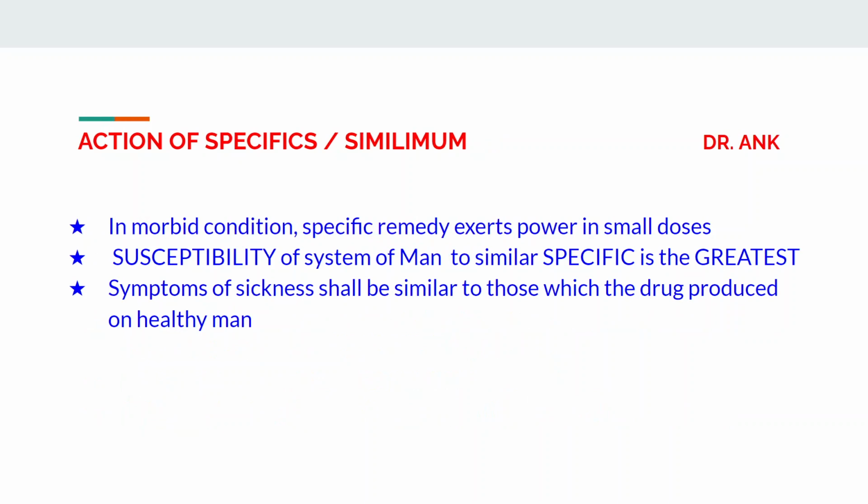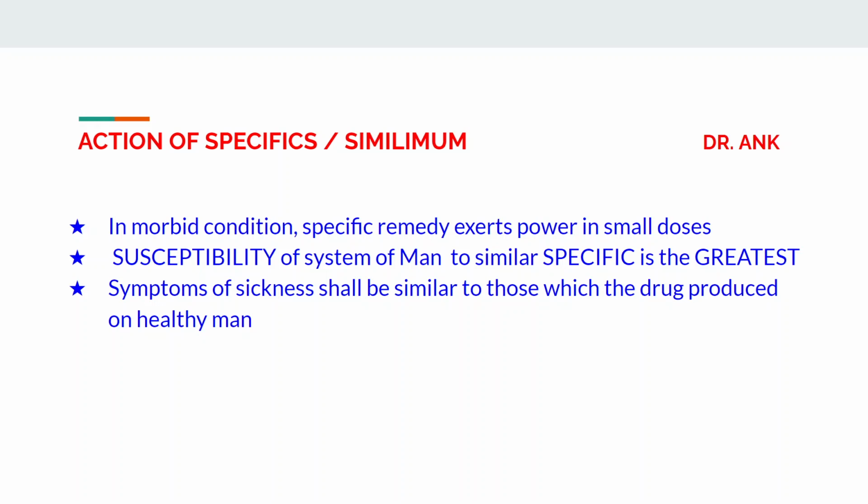So, regarding the action of specifics in morbid conditions, in the disease state the specific remedy exerts power in small, minute doses. The susceptibility of the system of man to the similar specific is the greatest.